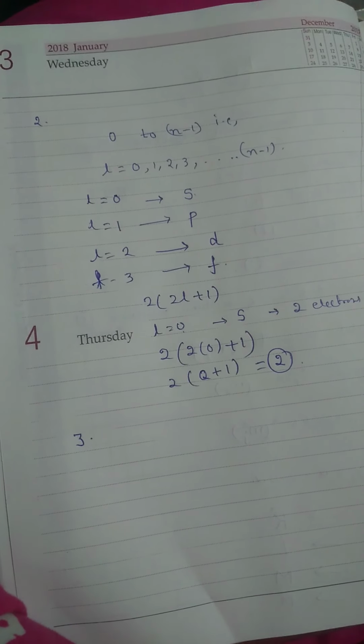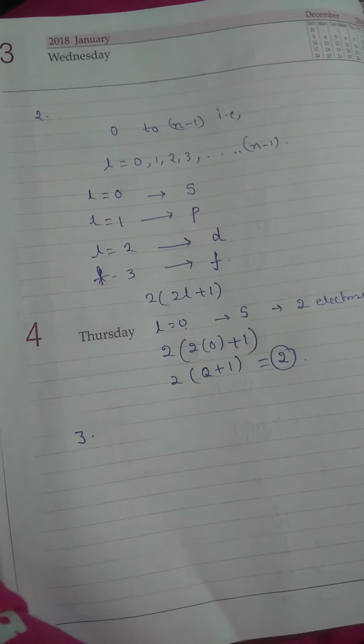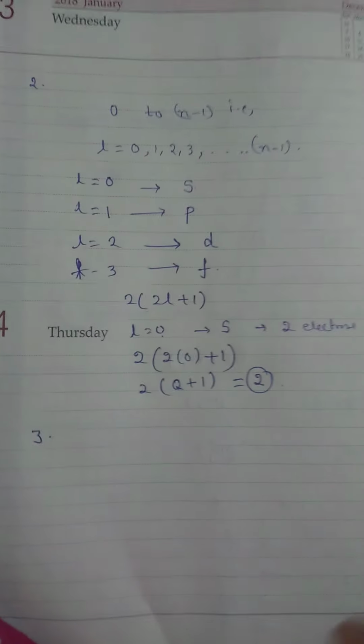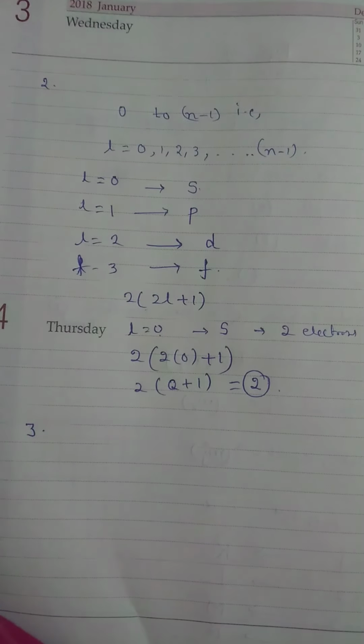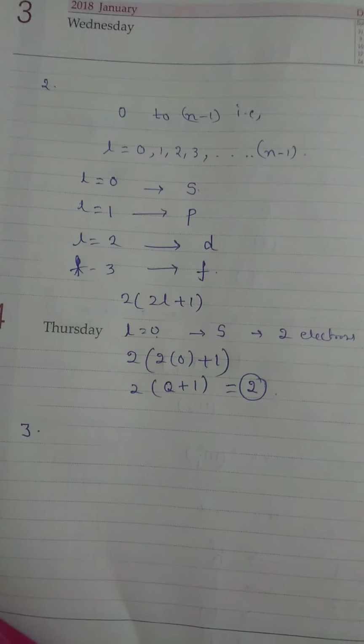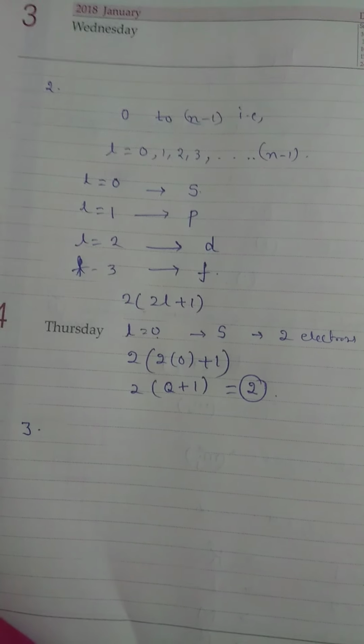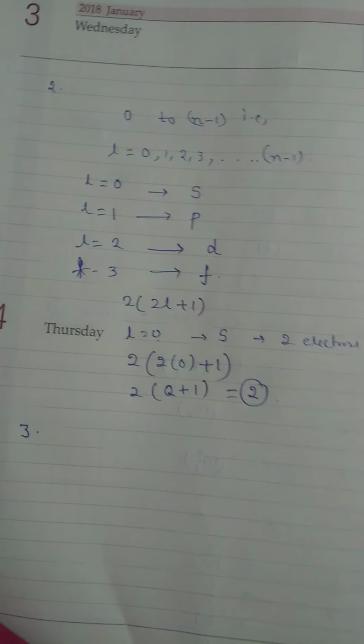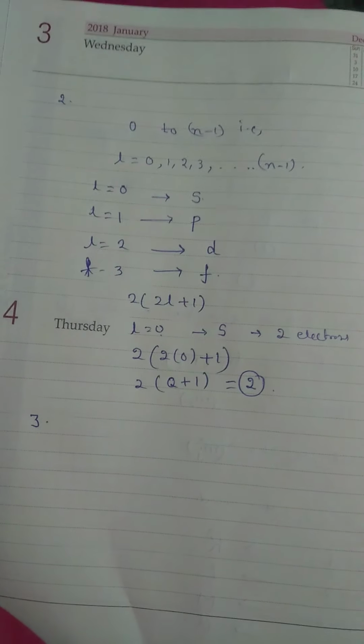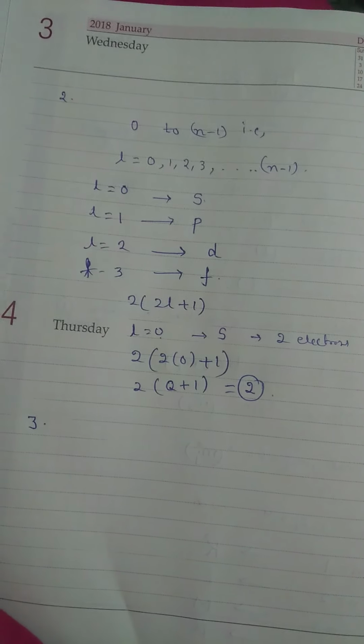The third quantum number is the spin quantum number. It is represented by small s. This quantum number concerns the spin of an electron about its own axis. This spin produces a spin magnetic moment which can be either parallel or anti-parallel to the surrounding magnetic field.